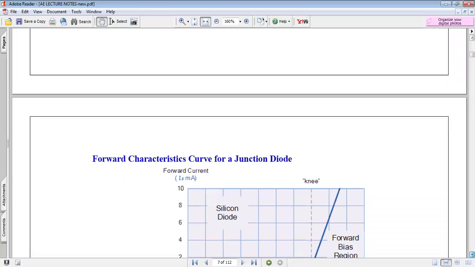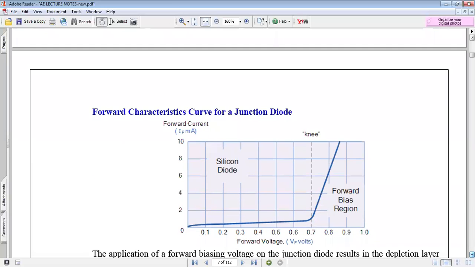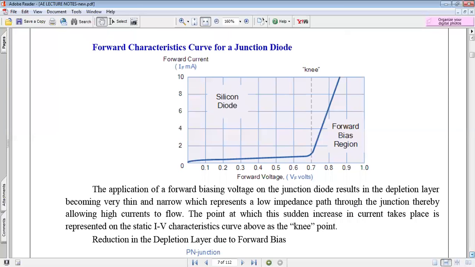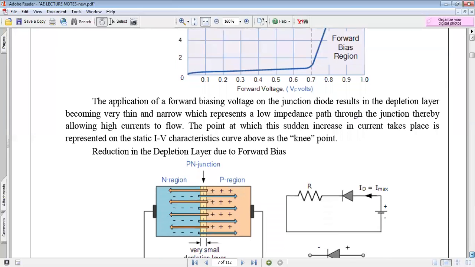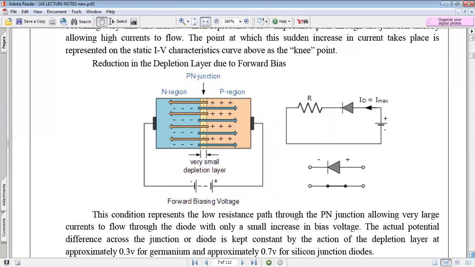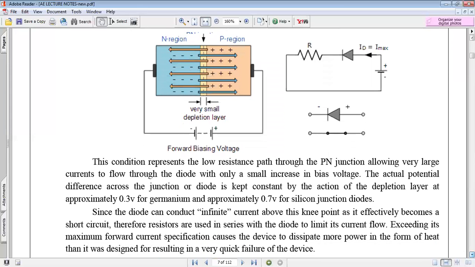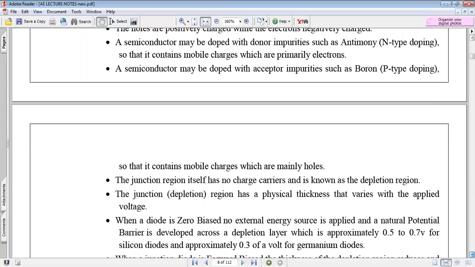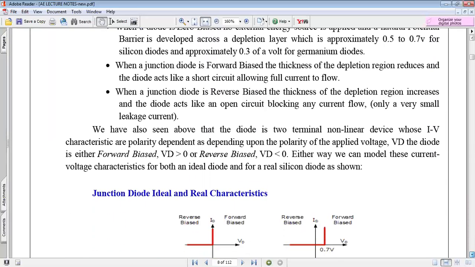After the review of VI characteristics, this is the forward bias characteristic shown separately, and earlier I have shown you the reverse bias characteristic. Now it is showing how the depletion layer increases or decreases. This we have covered in our previous videos, previous lectures.